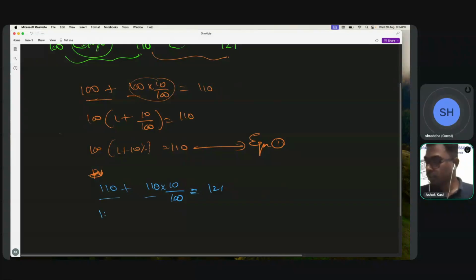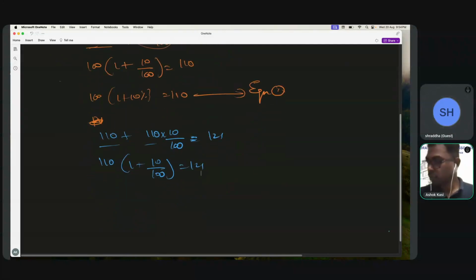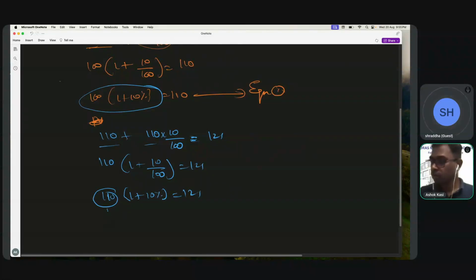So I'll take the common factor over here. Then 110 into 1 plus 10 by 100 is equal to 121. So that is equal to 110 into 1 plus 10 percentage is equal to 121. And this 110 I can write in this equation. So 110 is equal to 100 into 1 plus 10 percentage, and then this 1 plus 10 percentage is equal to 121. This step is okay.